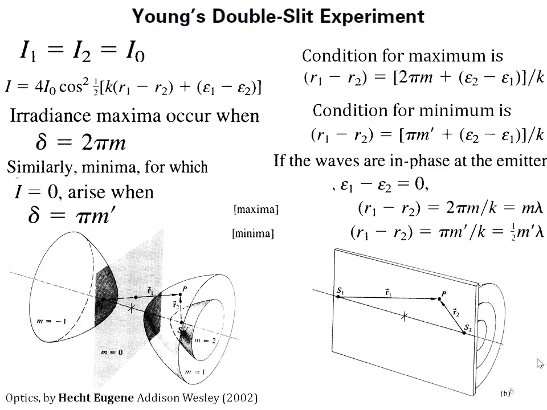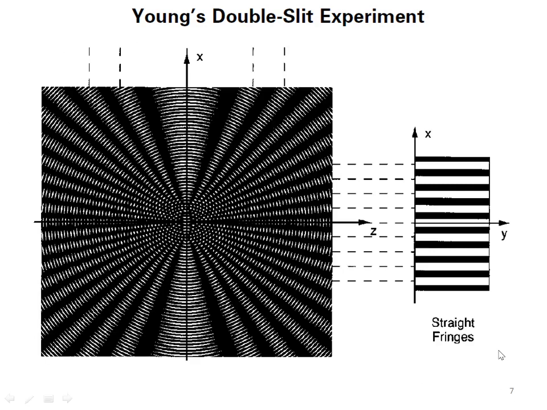And if we put the screen in this way, we will see circles. I hope you are able to imagine this. So depending upon how you place the screen, the interference pattern because of two spherical waves will yield different behavior on the screen.